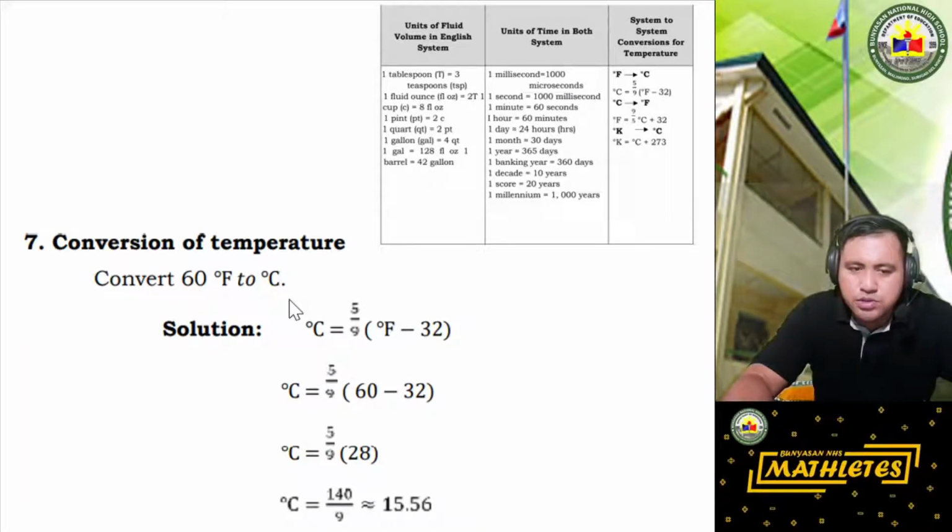By substituting the Fahrenheit, which is 60, 60 minus 32 is 28 times 5 over 9, that makes 140 over 9. So, 140 divided by 9 is approximately 15.56. So, 60 degree Fahrenheit is approximately 15.56 degrees Celsius.